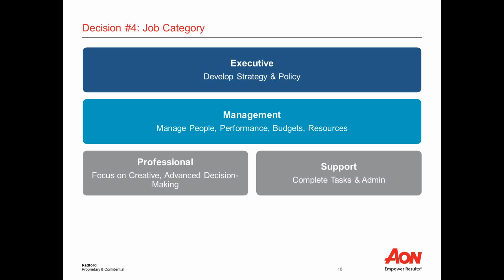This person is also responsible for development and strategy, as well as responsibility for policies. Those are unique identifiers that you can use to differentiate someone who is an executive.